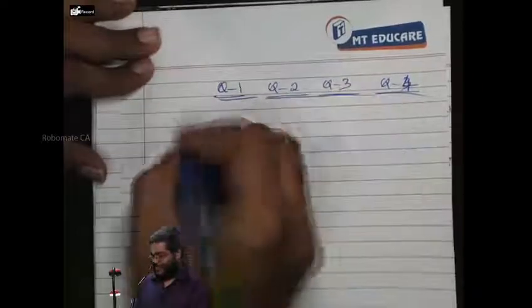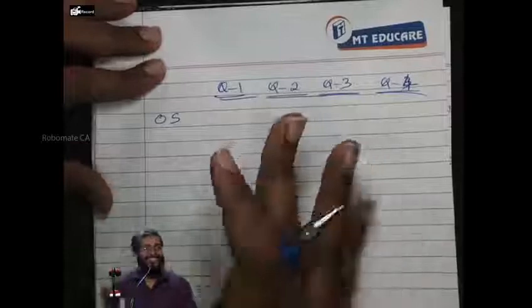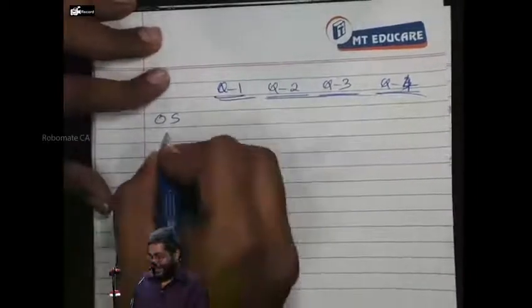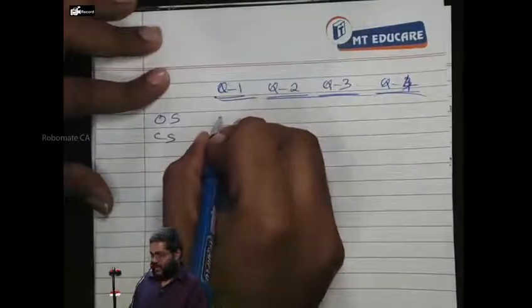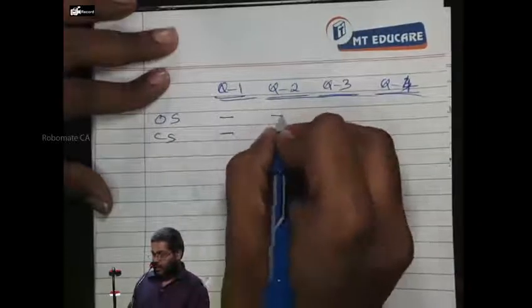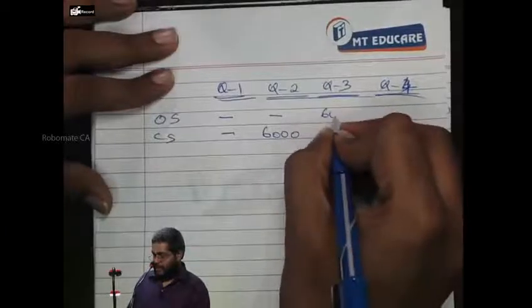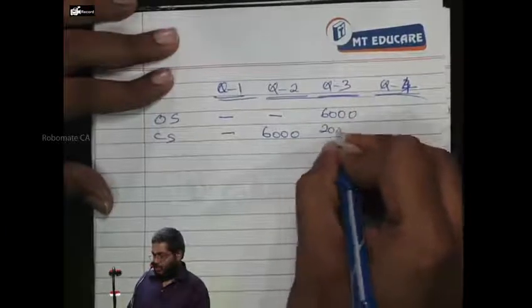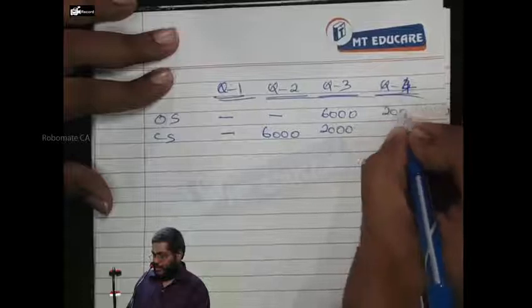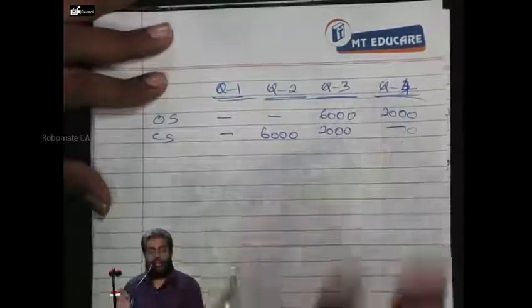Opening stock. Tell me what is the opening stock and closing stock. First quarter, nil. Second quarter, what is the opening stock? Nil. Closing stock, third quarter, and then 2,000. Fourth quarter. This is a stock question for each and every quarter. Am I right or not?